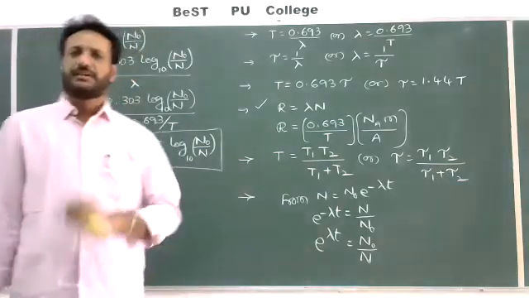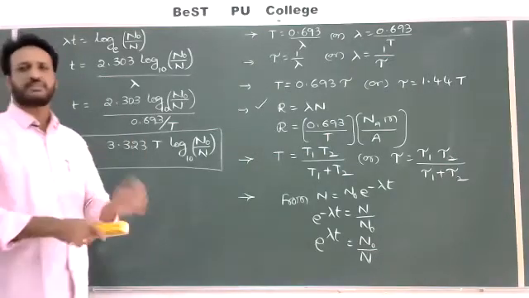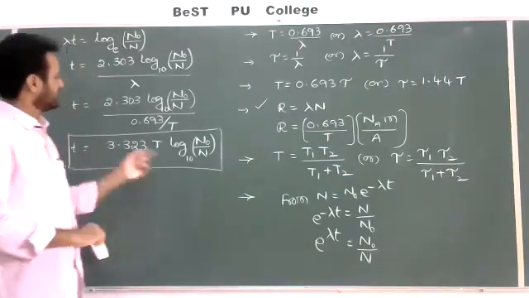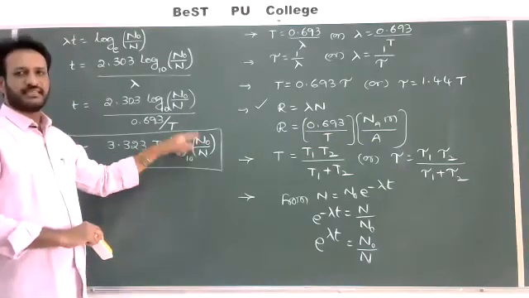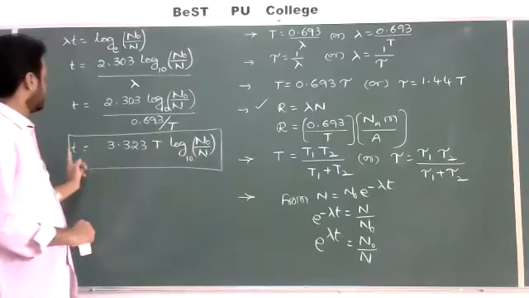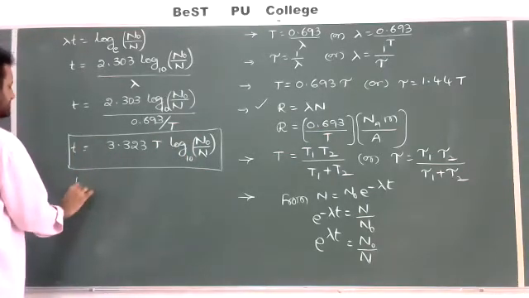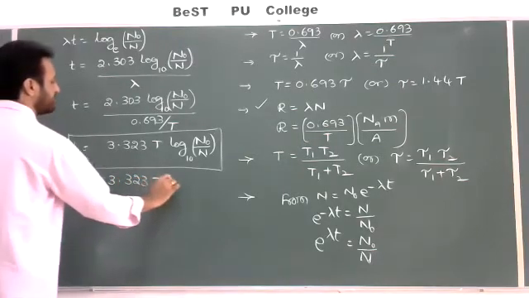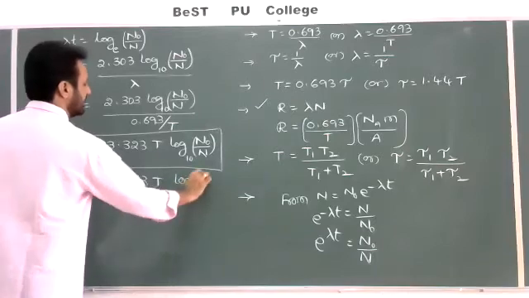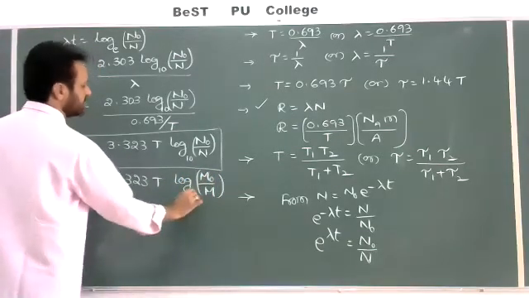So directly, if you want to find after how much time the number of atoms becomes 10% or 20% or 30%, as given, use this one. Here capital T is the half-life, N naught is the initial number of atoms, and N is the number of atoms after the given time. In the same way, t is equal to 3.323 into capital T into log M naught by M. In the given numerical, if masses are given, use this formula.